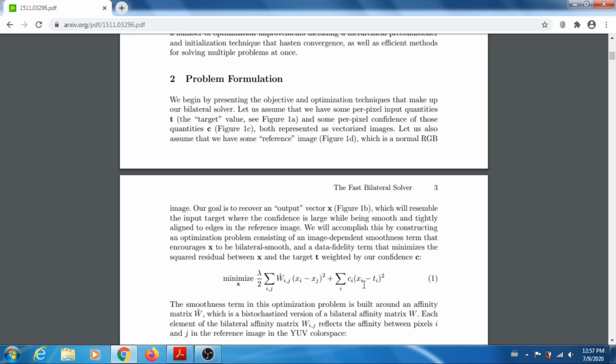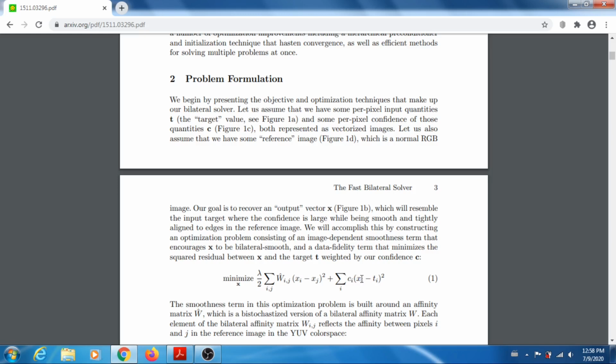As soon as you put in the confidence, some pixels have a high confidence, let's say a confidence of 1, meaning that you really want the output depth map to keep that depth for that pixel. So some pixels are going to have a C equal to 1, high confidence, and some pixels are going to have a low confidence, let's say 0.